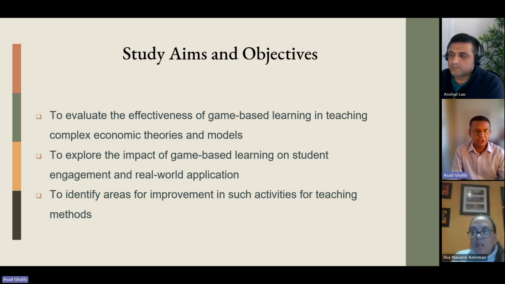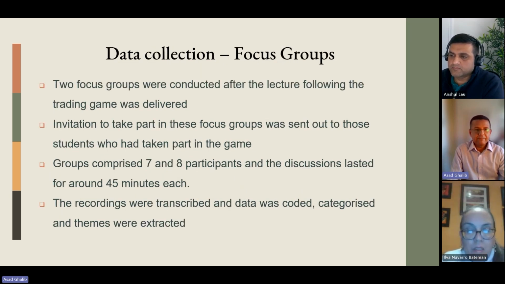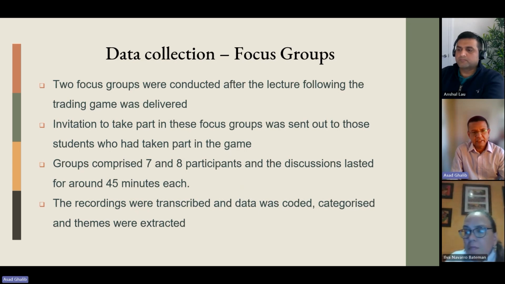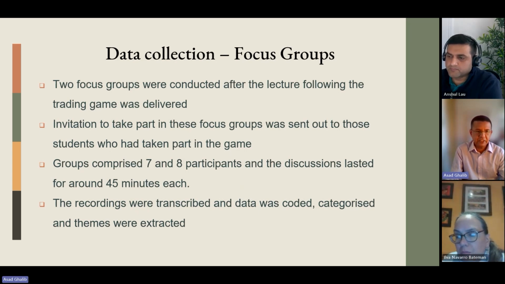So we sent an open invitation to the entire cohort who had taken part in the game. We organized all the respondents who wanted to take part in these focus groups. And then we had 2 focus groups of roughly 7 to 8 participants, with separate sessions for each.